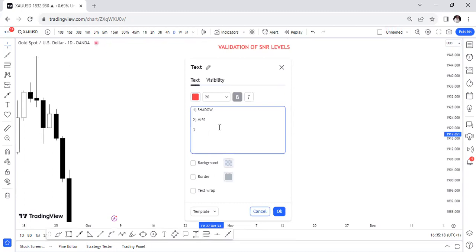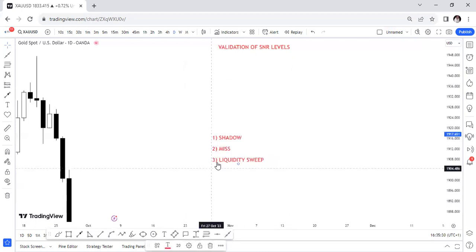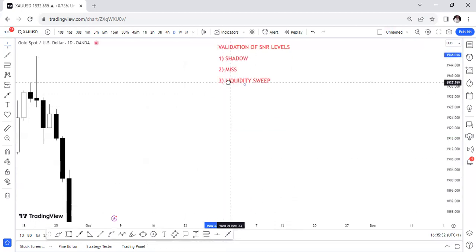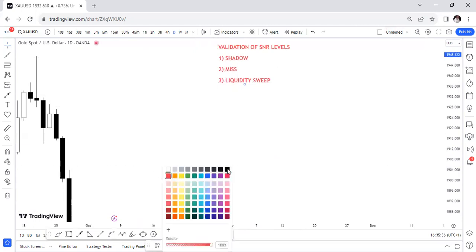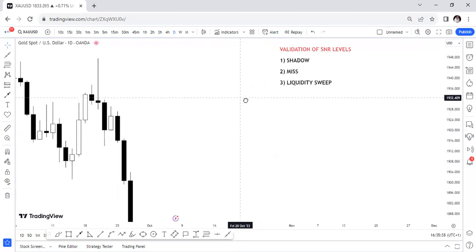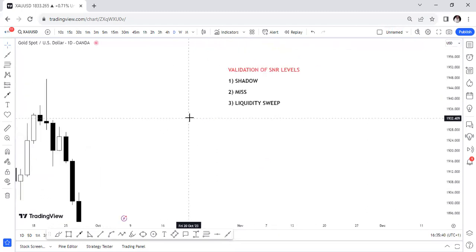Then third, we talk about liquidity sweep. So that's what validates your SNR.